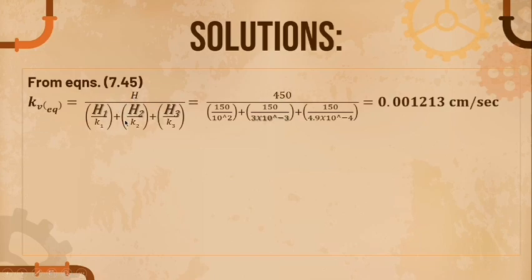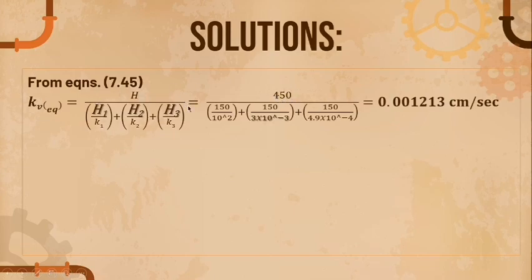It is simply to add all the cross-sectional dimensions of soils A, B, and C, that is 150 plus 150 plus 150, or simply 150 times 3, since there are 3 variations of soils, which is 450.